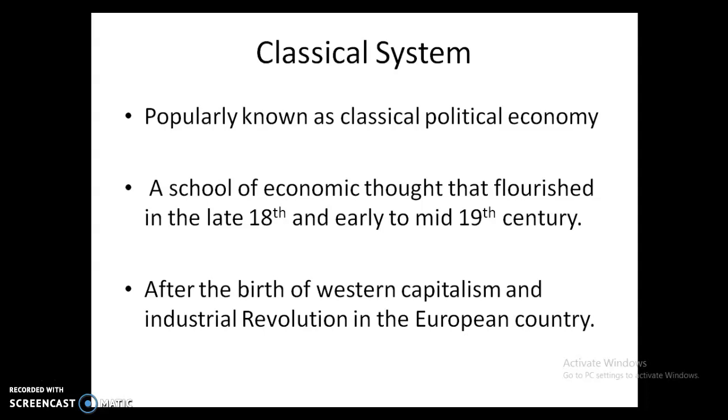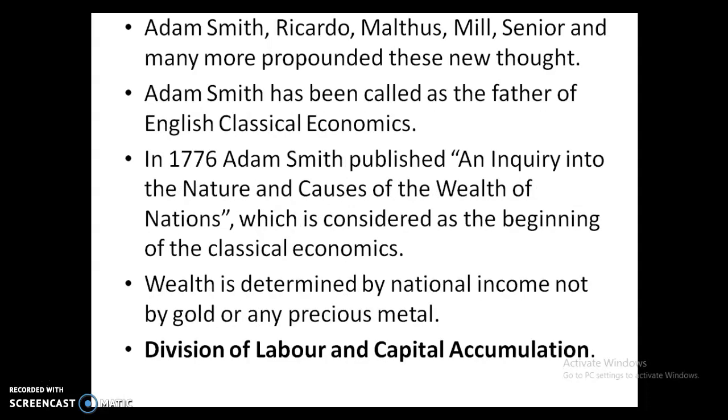It was developed after the birth of Western capitalism and the industrial revolution in the European countries. Who developed this economic system? The classical economic system was developed by Adam Smith, David Ricardo, Malthus, Mill, Senior, and many more.